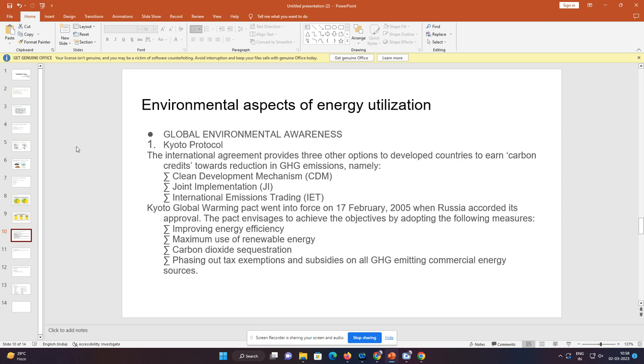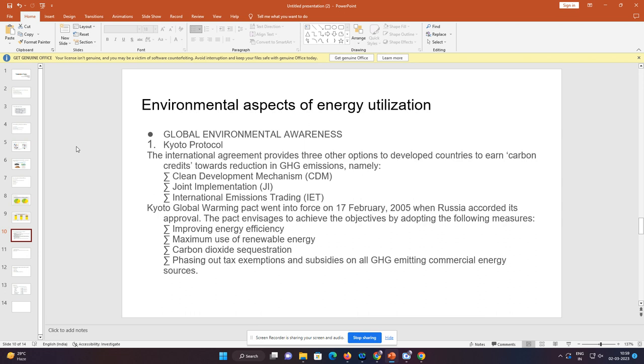Sorry for the disturbance, ma'am. So, the fourth one is some taxes on greenhouse gas emitting commercial energy sources. The protocol encourages progressively higher use of renewable energy sources to reduce greenhouse gas emission.